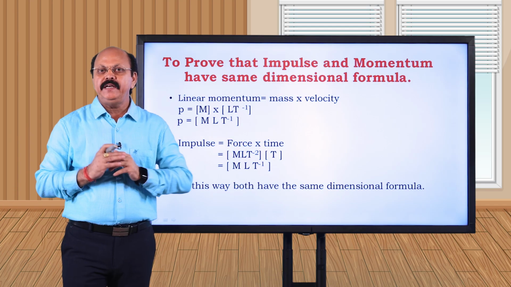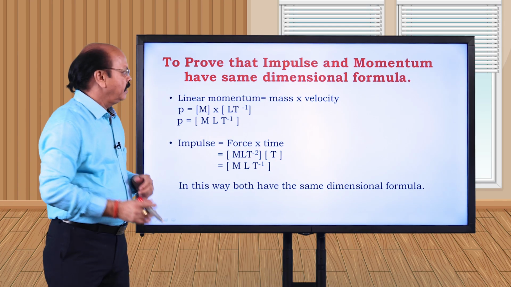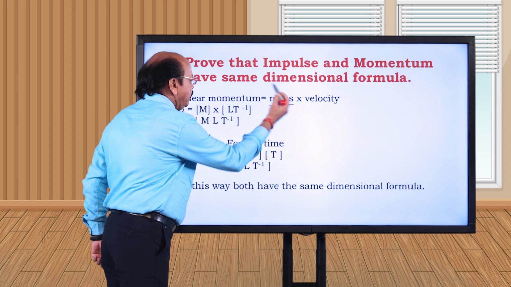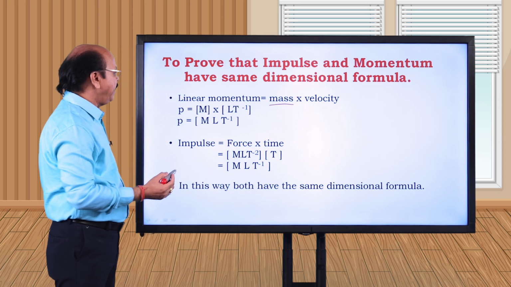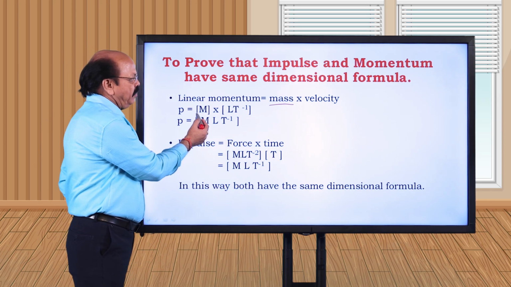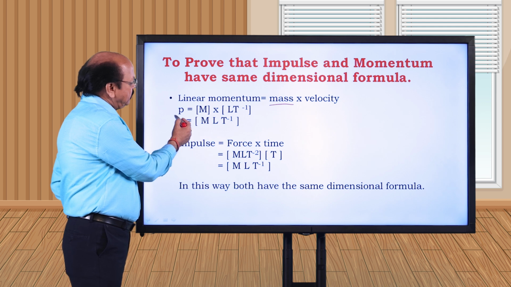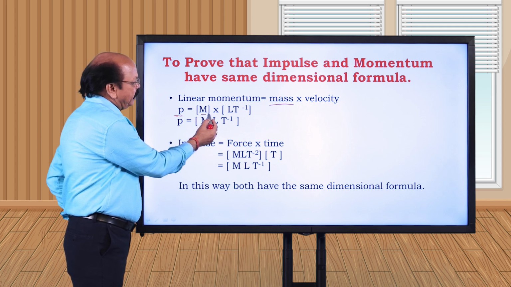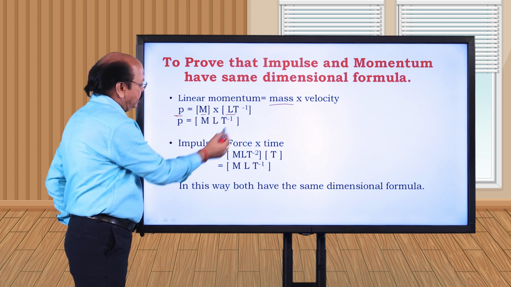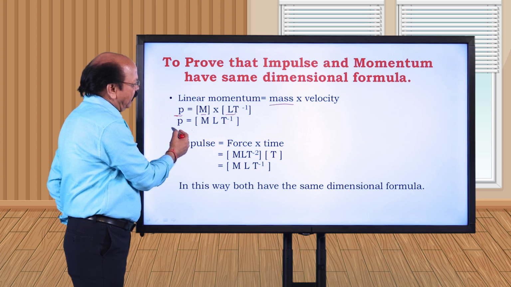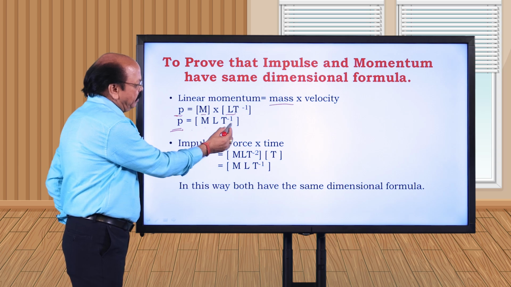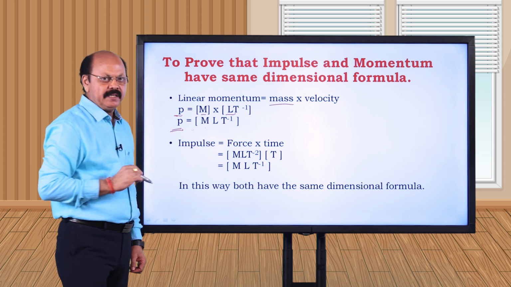The formula of linear momentum is mass into velocity. Now, we substitute the dimensional formulas of mass and velocity, then it becomes P equals M into LT^-1. Finally, the dimensional formula for linear momentum becomes [MLT^-1].